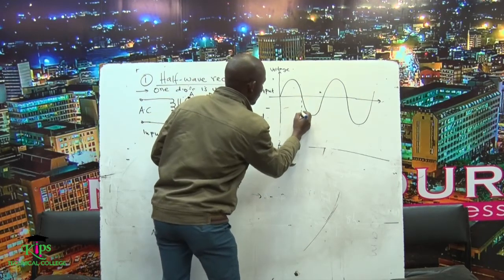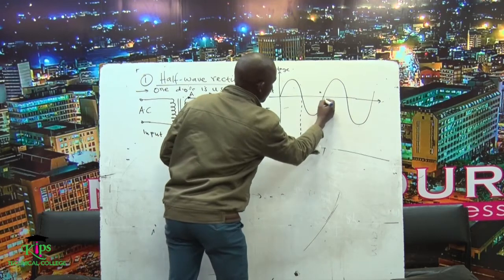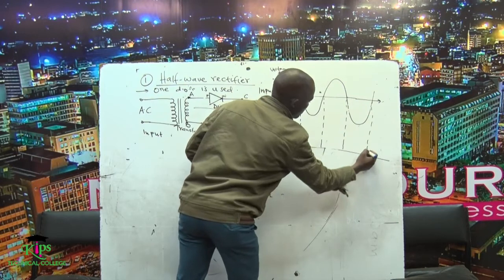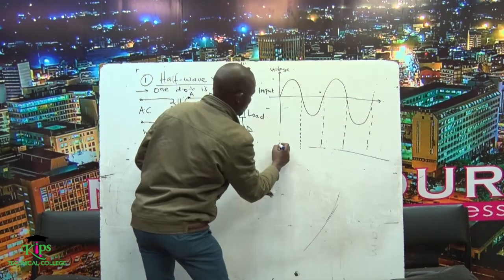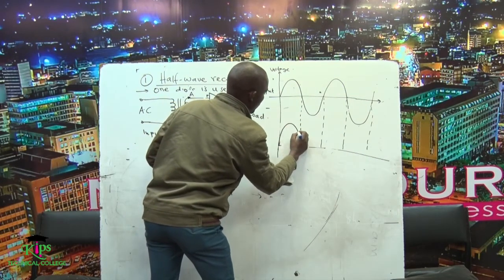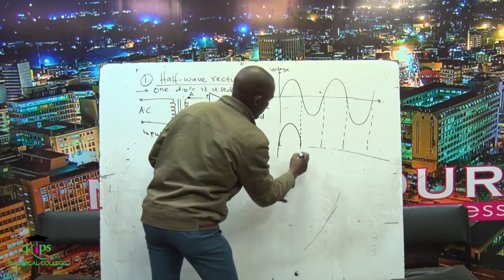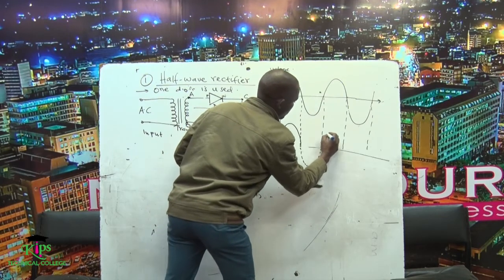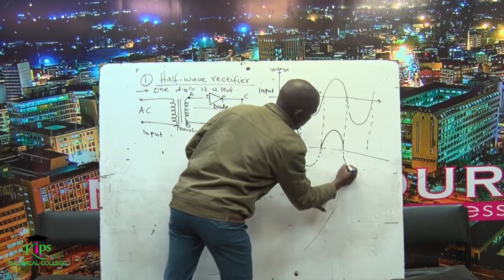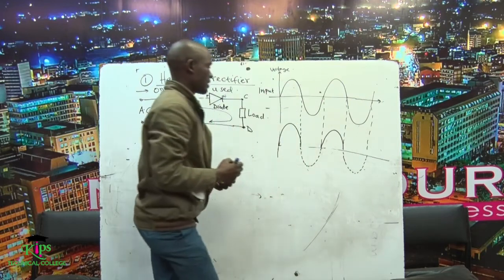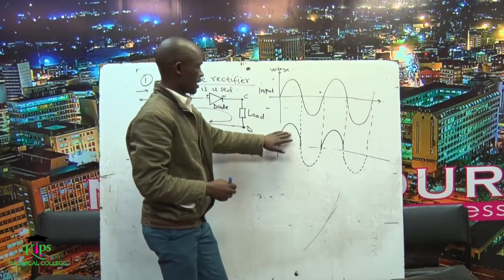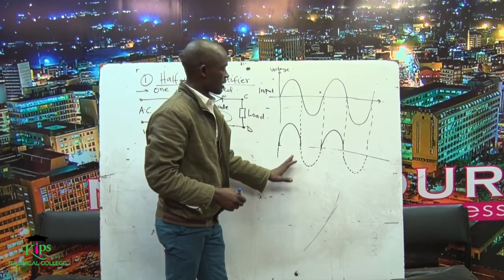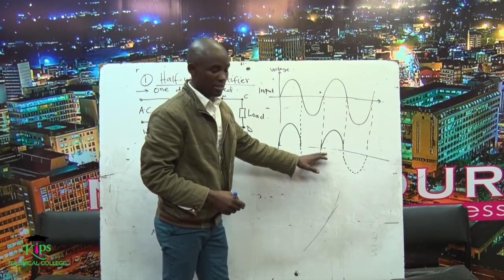It is good for you to extrapolate these lines downwards so that the diagram matches what is on the other side. So you will be able to find this. That tells you that during the positive cycle, you will be able to receive current, but during the negative cycle, this has been cut off.